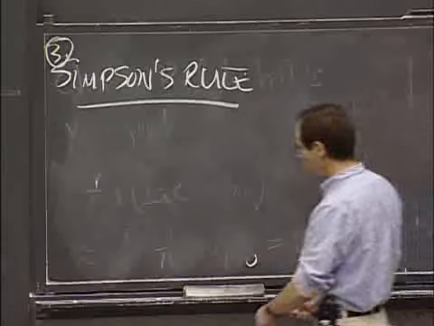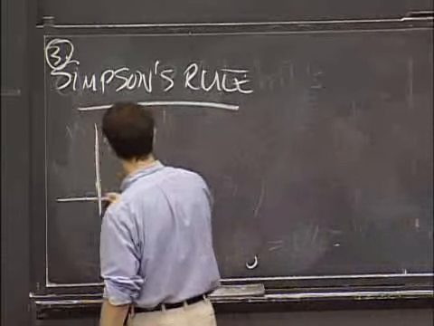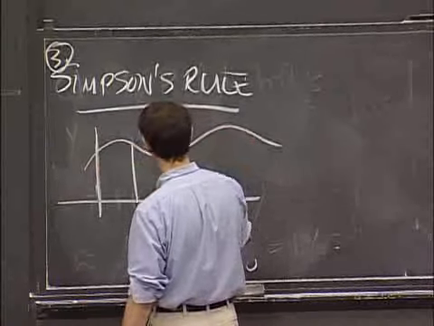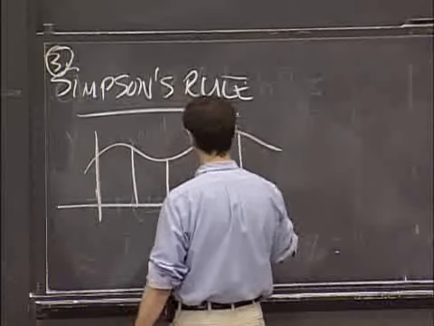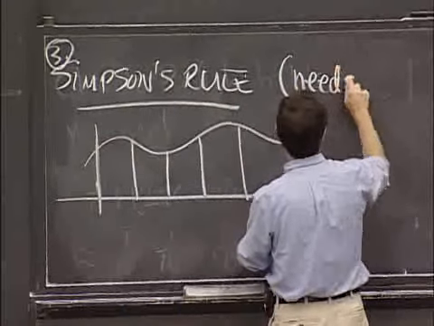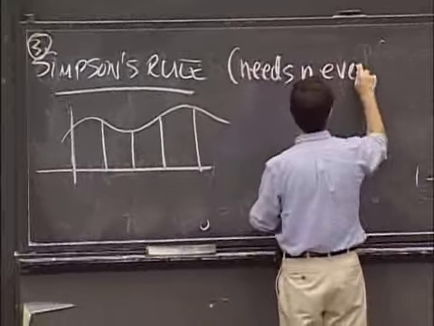The idea is, again, to divide things into chunks. But now it always needs n to be even.